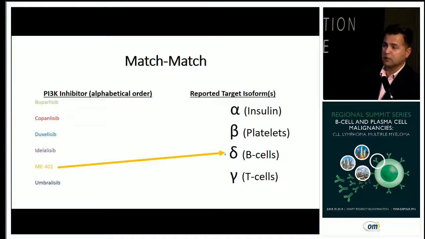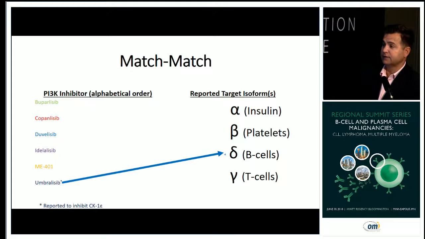ME-401, if you will, the new kid on the block, goes after delta. And umbralisib, formerly known as TGR-1202, does inhibit delta also, but it is reported to inhibit CK1 epsilon, and I think that story has further chapters to go, but it is an interesting story that's starting off.